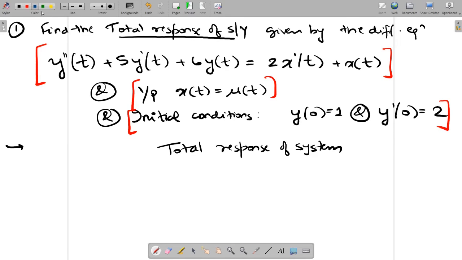You have seen this in CTN also, circuit theory and networks. Whenever a system is switched on, it has some transient state and then it goes to steady state.